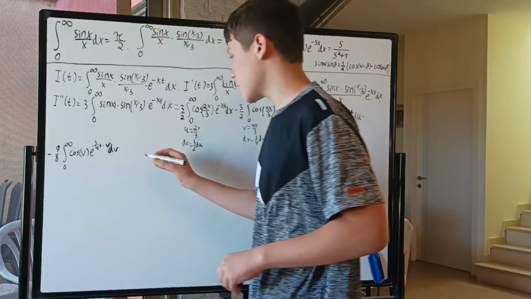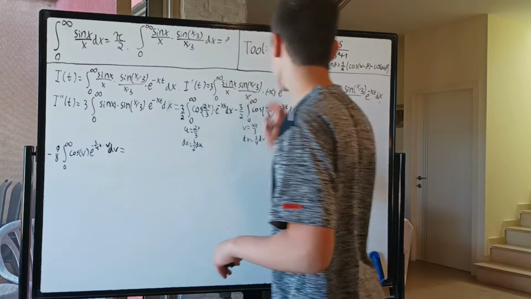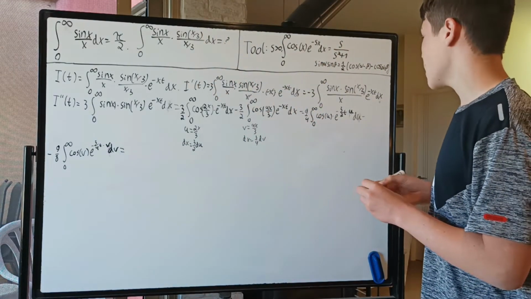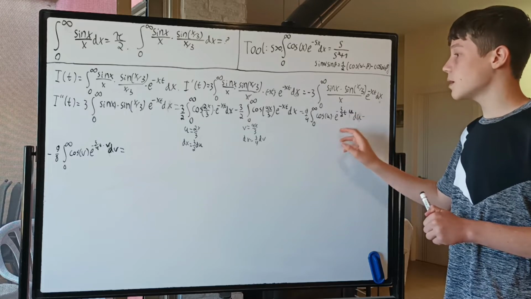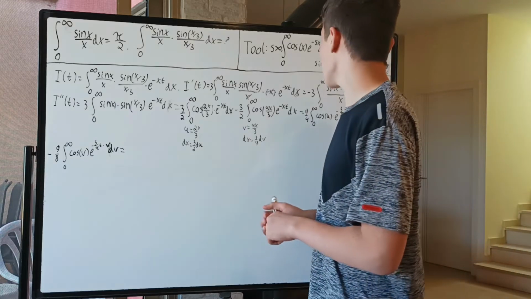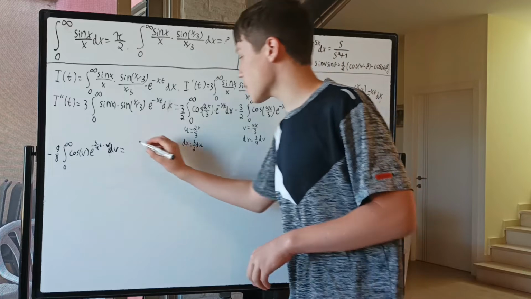Seems right. Now, let's use this, because in here our s is 3 over 2t. Here our s is 3 over 4t. So we'll have something like this.